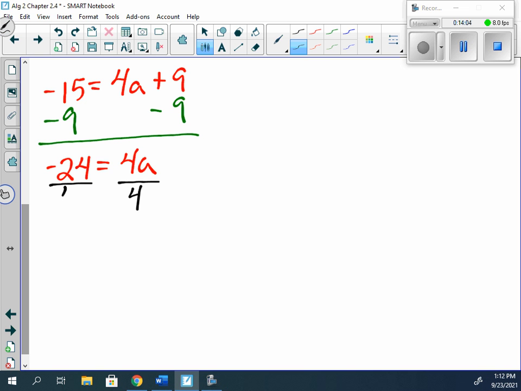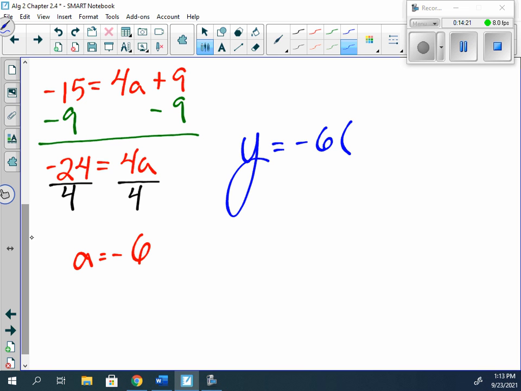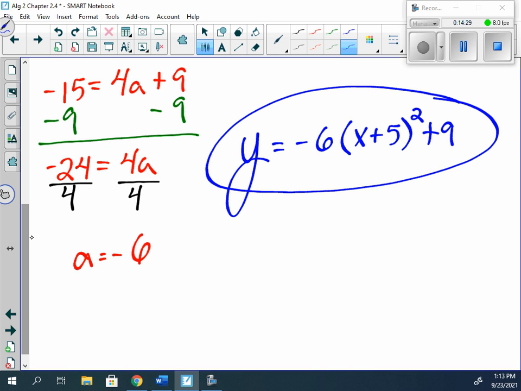Exactly, then we would divide by 4 and get that a is equal to negative 6. Well, now we do have a, h, and k. So our equation is y is equal to negative 6, parentheses, x plus 5 squared plus 9. And that's our equation.